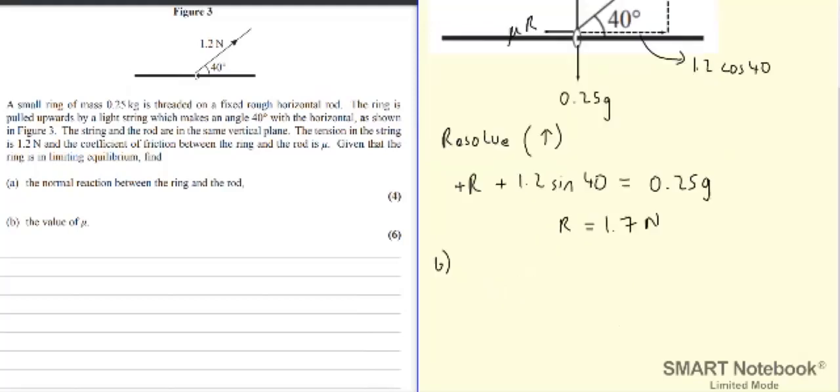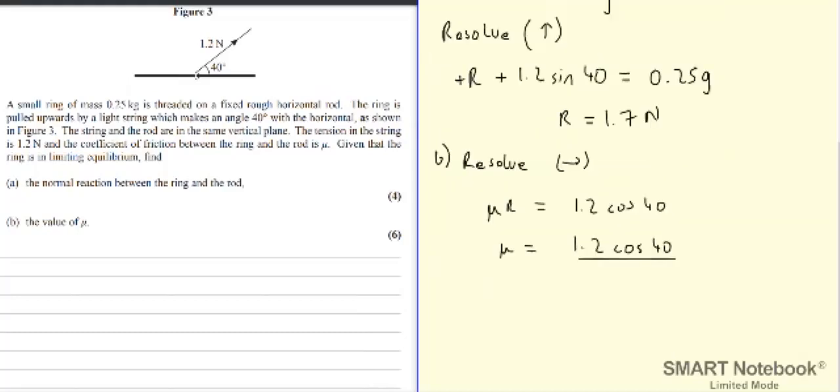We need to find the value of mu. Now mu R is in the horizontal direction, so I'm going to resolve horizontally. I'm going to have mu R equals 1.2 cos 40. We worked out R earlier, so mu is going to equal 1.2 cos 40 over R, which was 1.7.